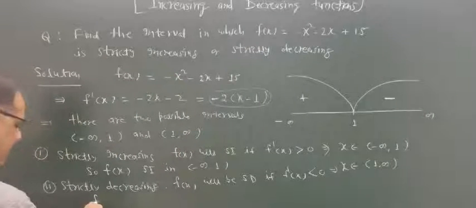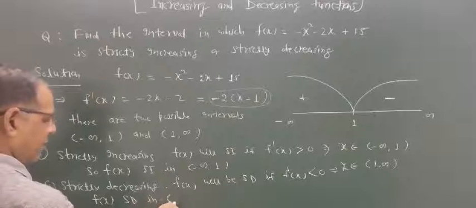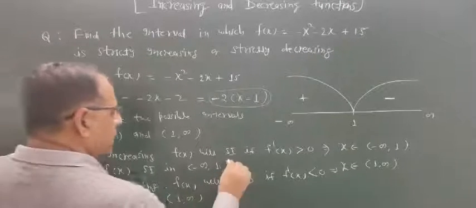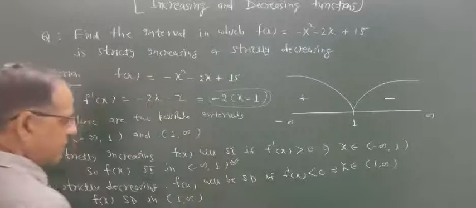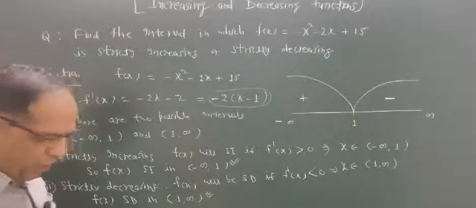So f(x) is strictly decreasing in 1 to infinity. So there are two intervals, first in which the function is strictly increasing, and second in which the function is strictly decreasing. Okay?